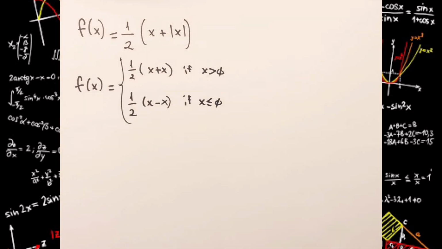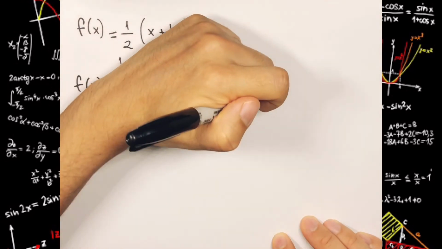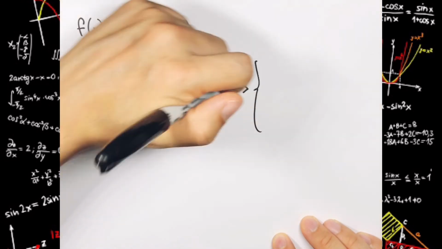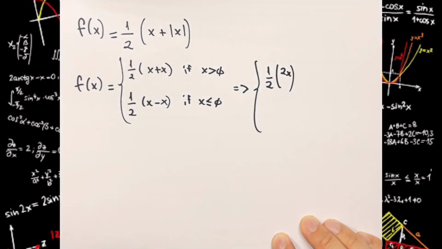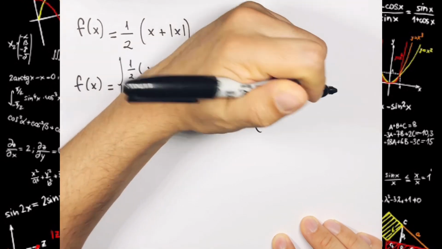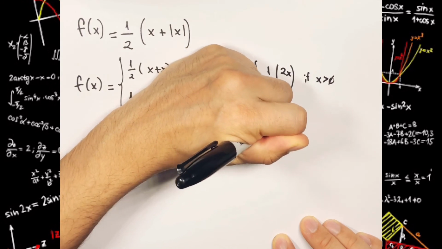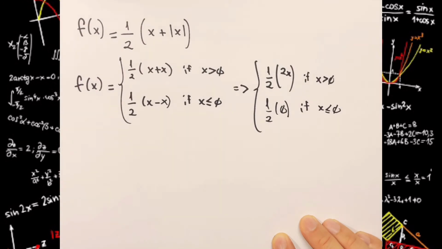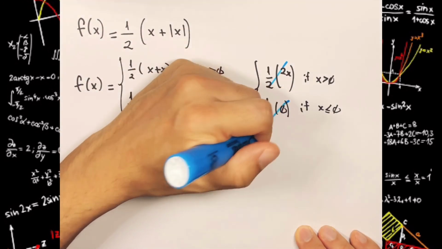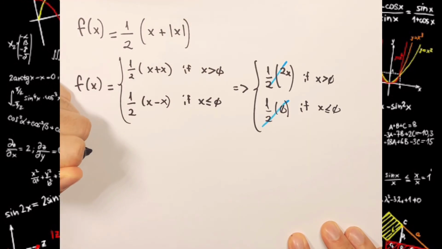And as you can see right here, if we do the arithmetical part, rewrite the bracket portion of the function, then we're going to have, well, x plus x is 2x, which means 1/2 that multiplies 2x if x is greater than 0. And then at the bottom, we're going to have 1/2 that multiplies x minus x, 0, if x is less than 0. So as you can see, we can simplify the 2's, and 0 times 1/2 is going to be 0, and we can rewrite this.